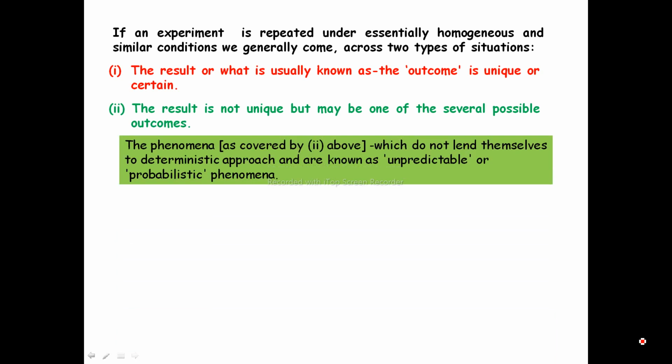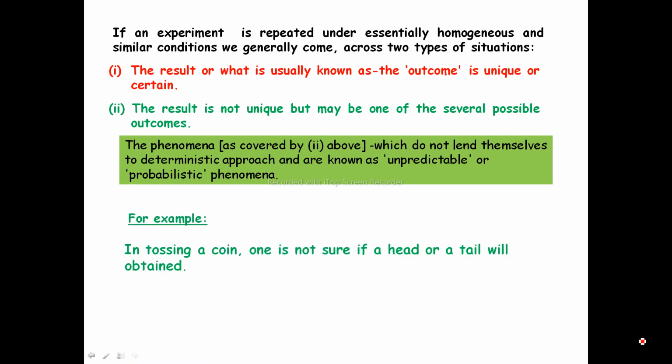But the phenomena covered by the second situation do not lend themselves to a deterministic approach and are known as unpredictable or probabilistic phenomena. For example, in tossing a coin, one is not sure if a head or a tail will be obtained.